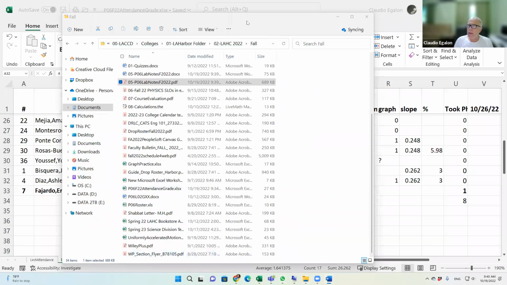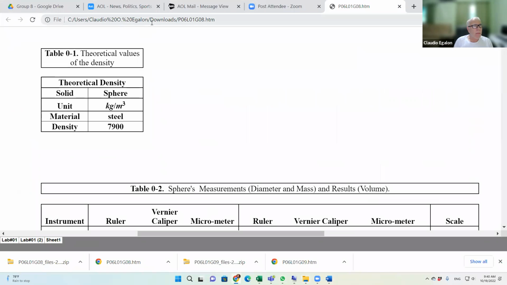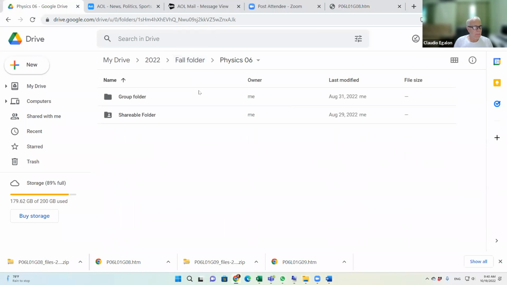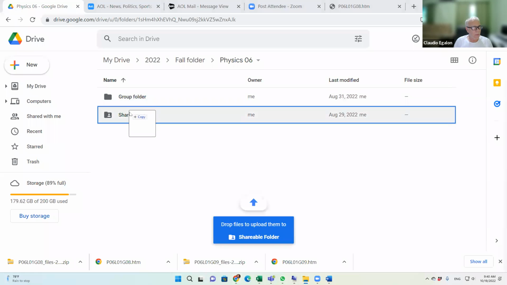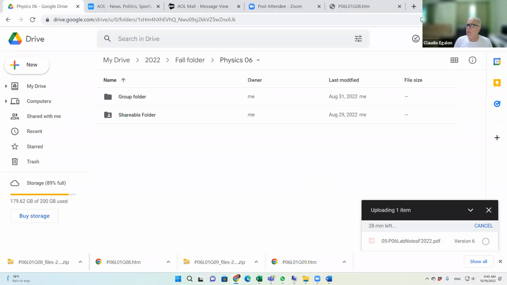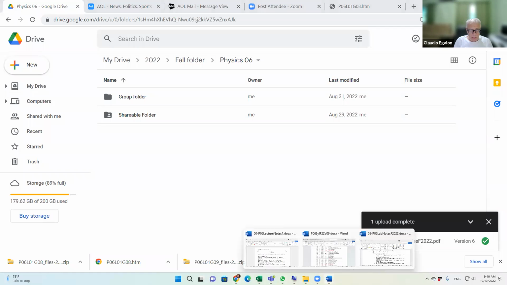And let me put that right in here, group folder, shareable folder, lab notes. Okay, placed, good. So now I have placed the older one. Okay, so that's what you have to do.